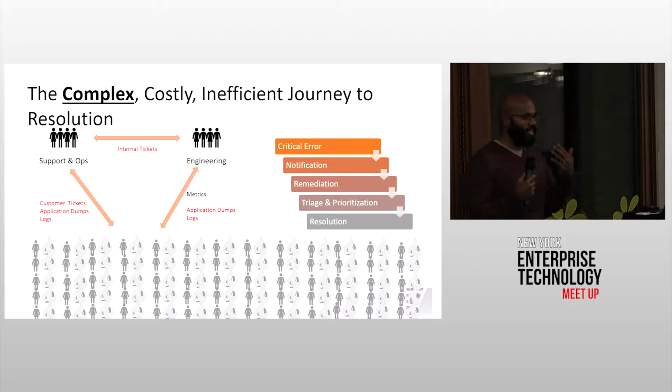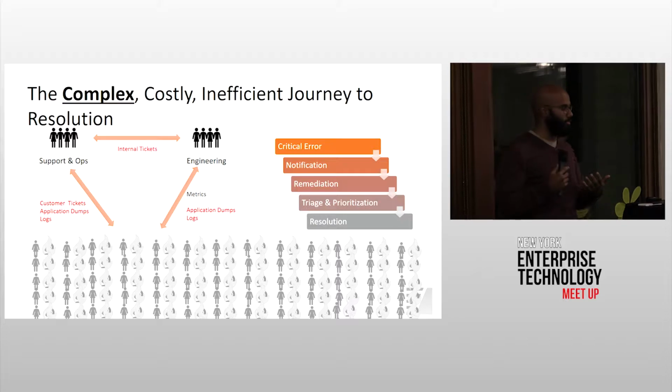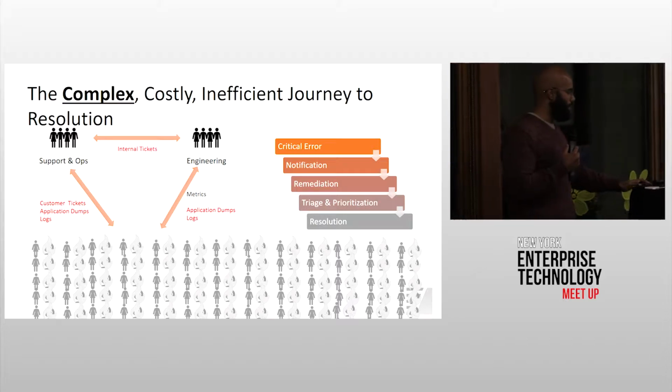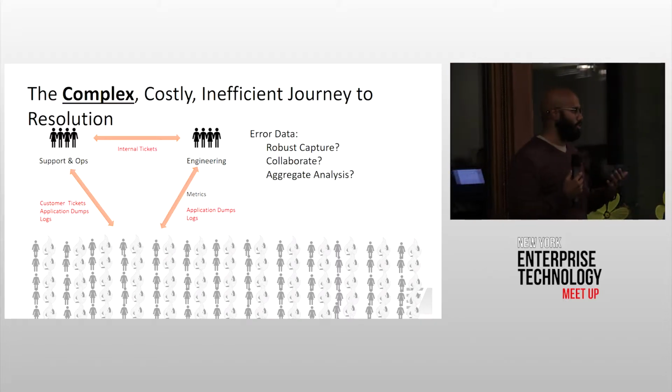And then engineering goes, well, I need more information. Can I get access to the device? This is fine when you're maybe dealing with a cloud system, but even with cloud systems, and more importantly with IoT systems, you can't rely on automatic connectivity, just the availability of information. You really need the ability to have robust capture mechanisms, be able to collaborate, and be able to do aggregate analysis across these devices.